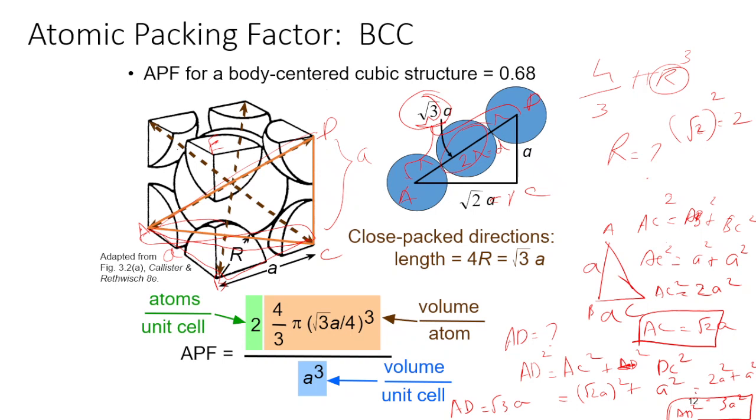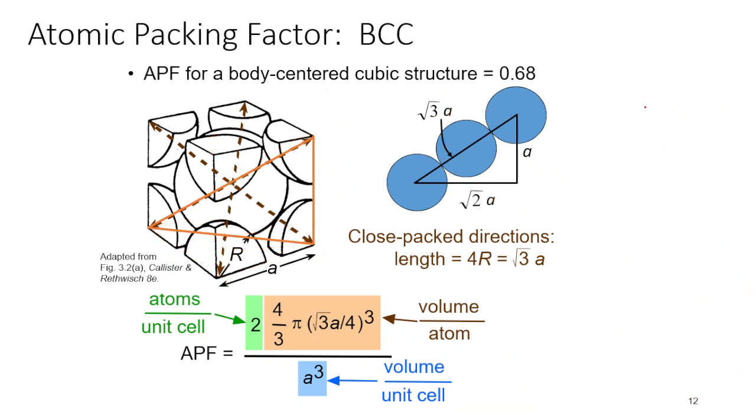So we have one radius over here, one radius, two radiuses. That is one diameter and one radius over here. So totally, how many radii do we have? We have got 4 radii. And the 4 radii is equal to root 3 a, is it not?